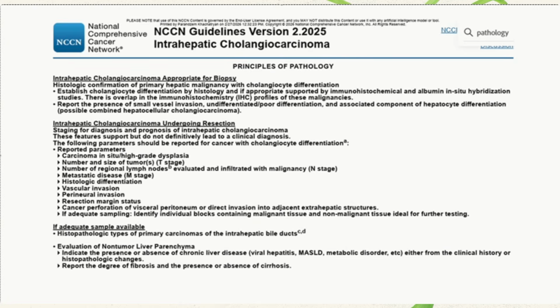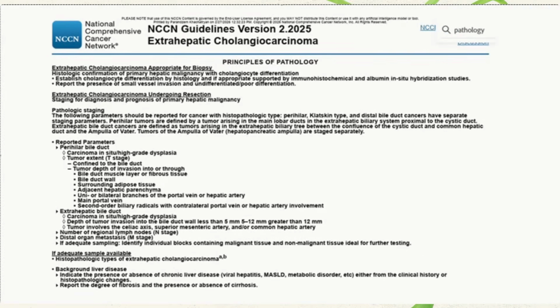It is important to evaluate the non-tumorous liver parenchyma as well, which means that it is preferable to indicate the presence or absence of chronic liver disease and report the degree of fibrosis and the presence or absence of cirrhosis. For extrahepatic cholangiocarcinoma, reported parameters are a little bit different.